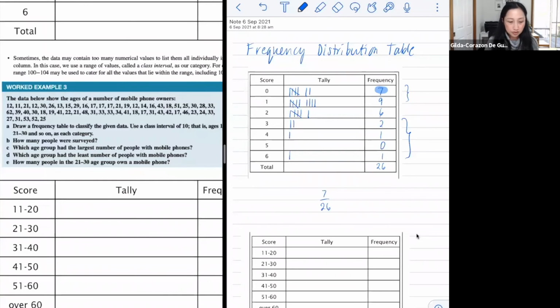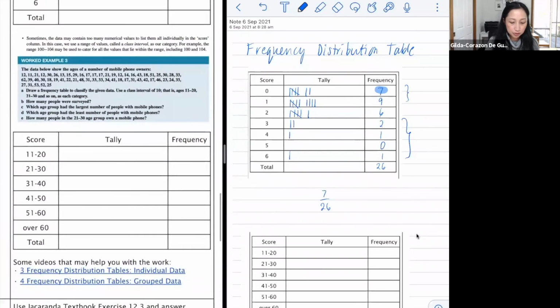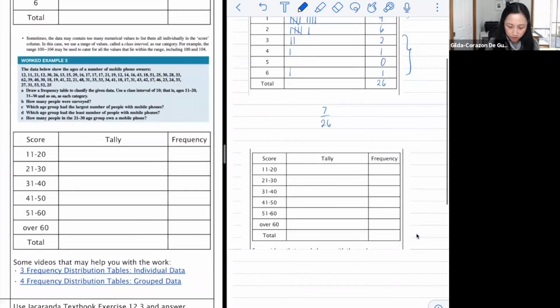All right, so this is what you call a grouped frequency distribution table. Let me just write it short. Okay, so that's a group FDT. That's an example of a group one, because then you will have to group together numbers from 11 to 20, 21 to 30, 31 to 40.